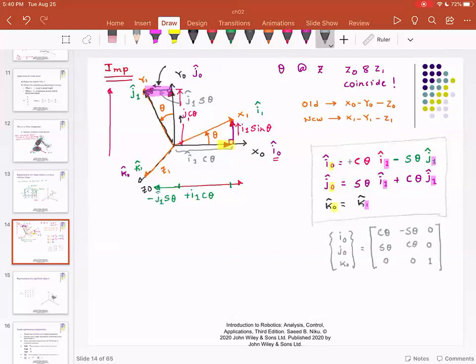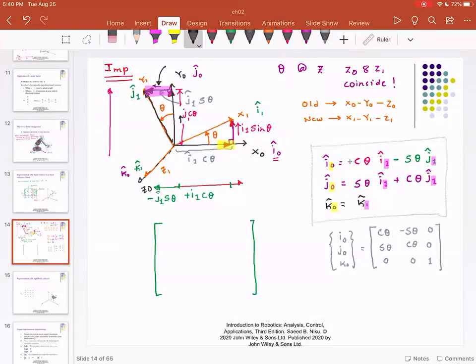Are you with me so far? This is a very, very important equation. Now there is a trick to it. You don't have to remember this matrix at all. So what I want you to remember is something like this.